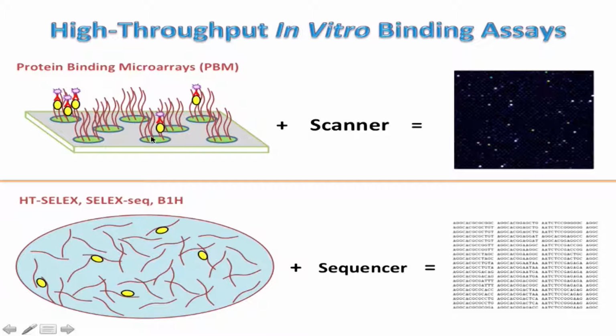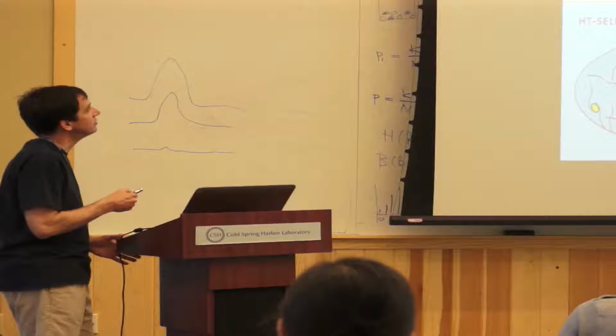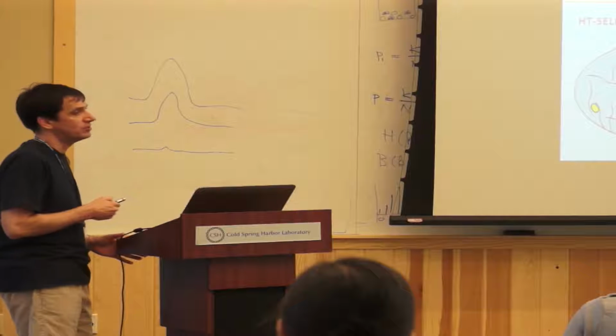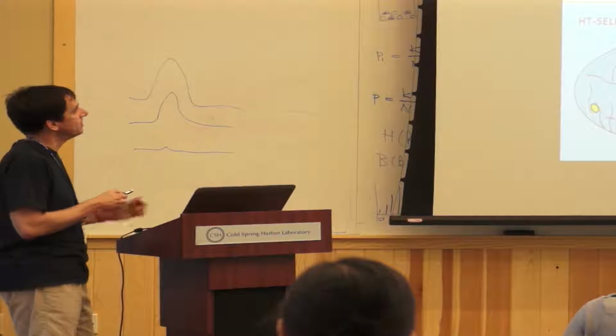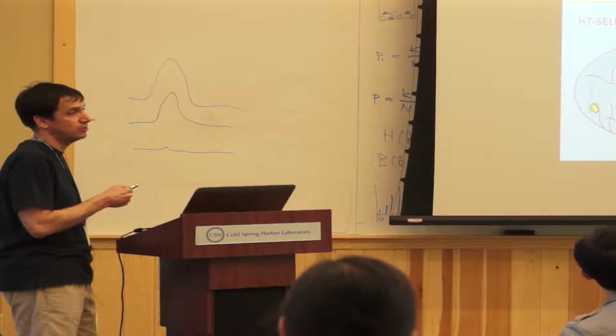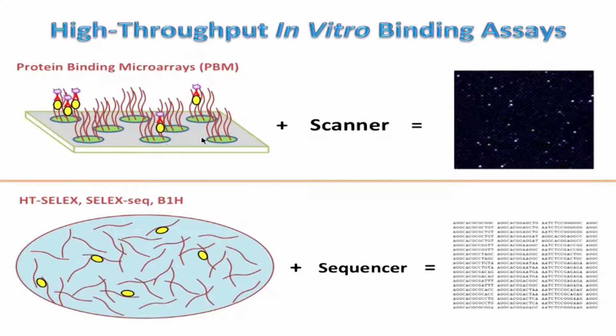Okay? And I want to talk about the different PBM designs. One of the most common designs is called the UPBM array, which stands for Universal Protein Binding Microarray. It's called universal because these DNA sequences are specifically designed so that they have a 25 base pair primer region near the surface of the slide, and that primer is used to double strand the single-stranded DNA oligos after they are grown on the array.